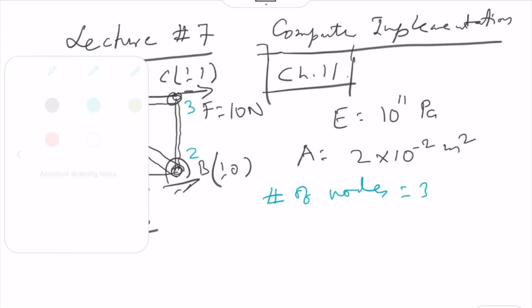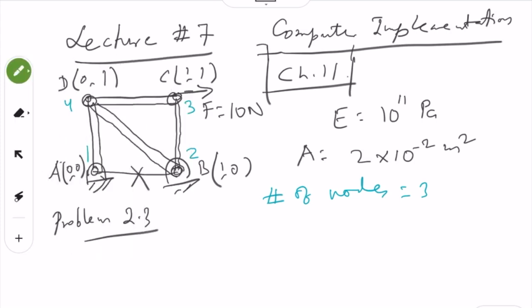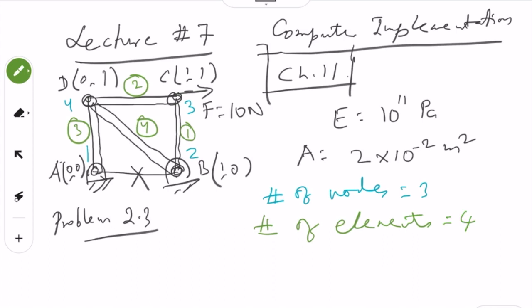Then we will do the element numbering. Let's start from here. Make it 1, this is 2, this is 3, and this is 4. So number of elements equal to 4. Okay, so we are done, we have numbered, that is part A.